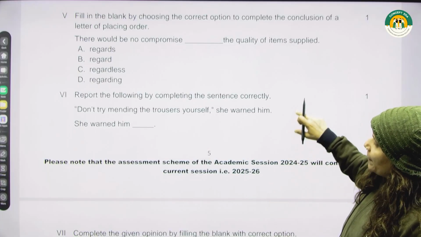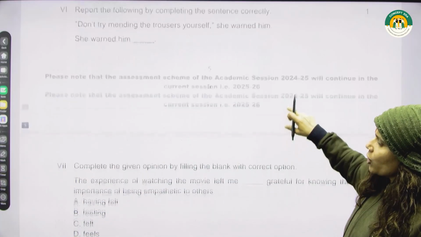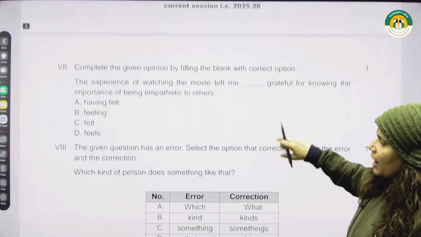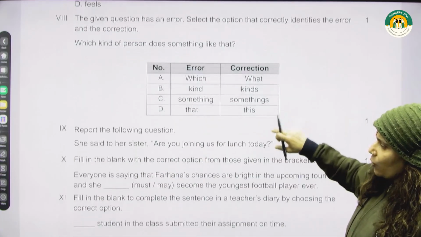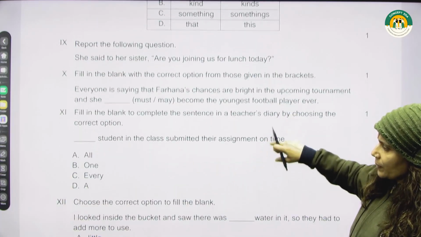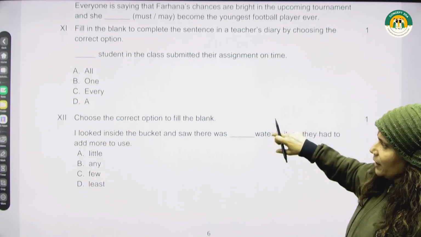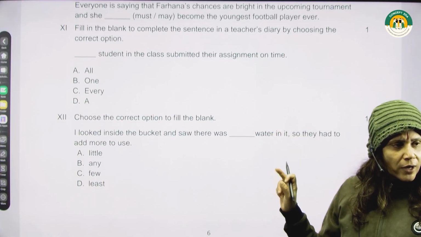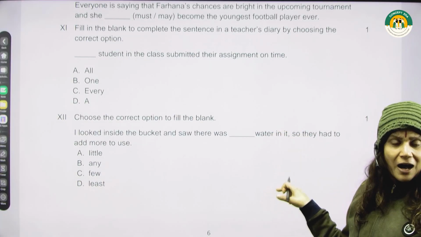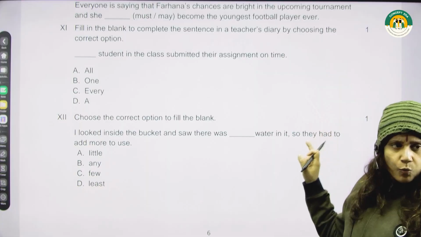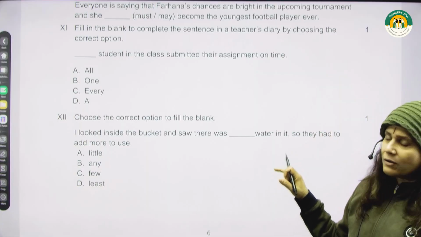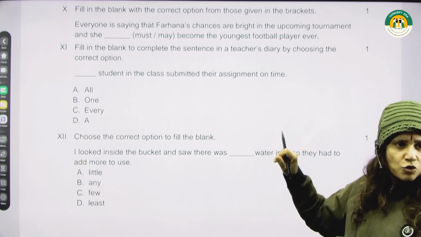So in the grammar section, if you see, the number of questions given here are 12, and out of 12 a child can attempt any 10. So here the internal choices are given. In question number 1 and 2, which are under the reading section, no internal choice is given.